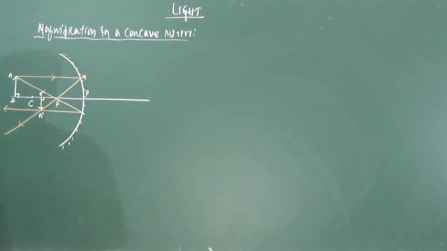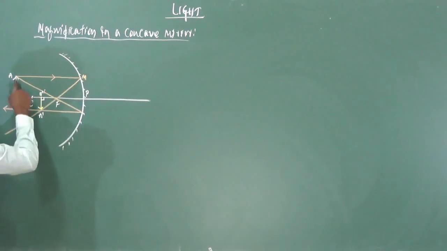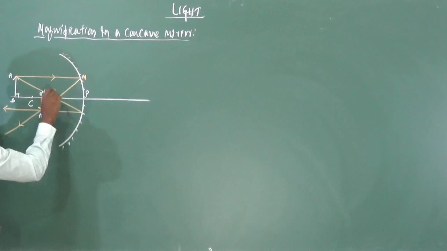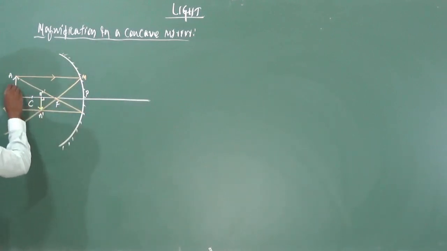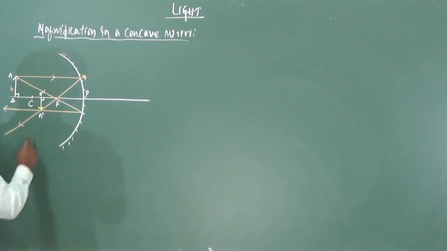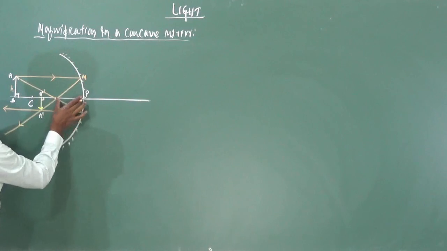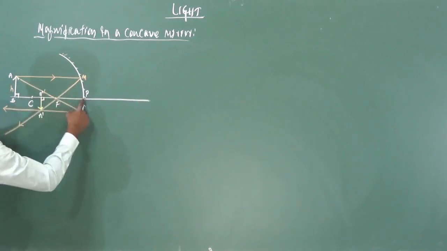And a very important thing is, in this triangle, that is ABF, we have AB, the height of the object, which is represented by H. This is the focal length, represented by F, and BP is the object distance.